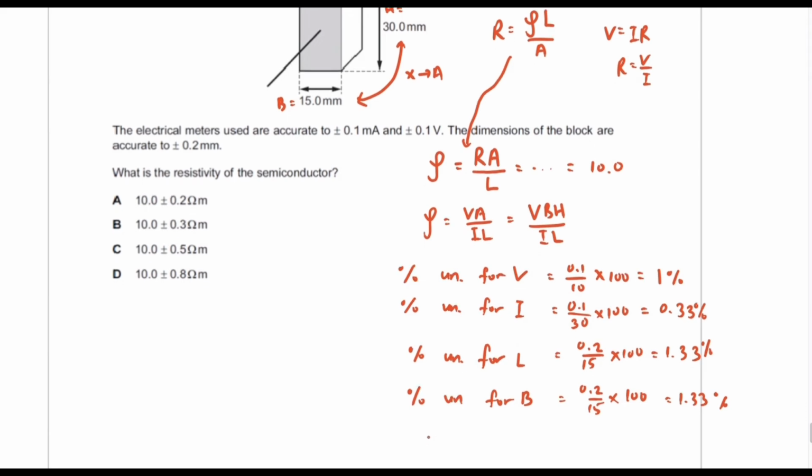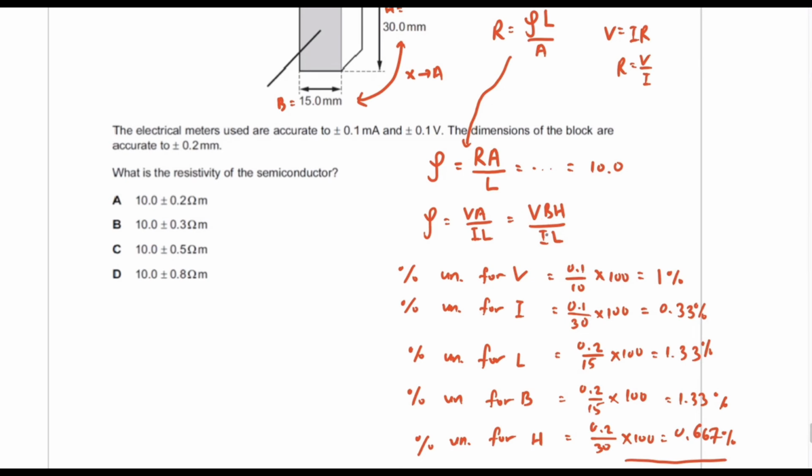And percentage uncertainty for the height is 0.2 over 30 times 100, so we get 0.667.